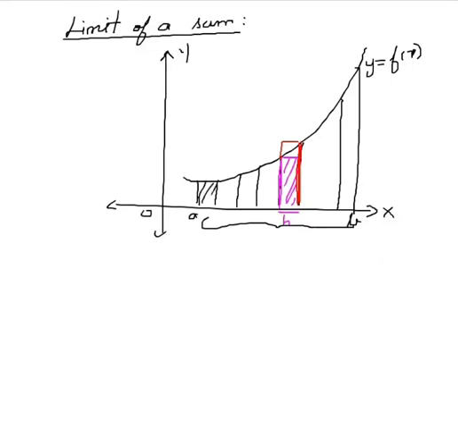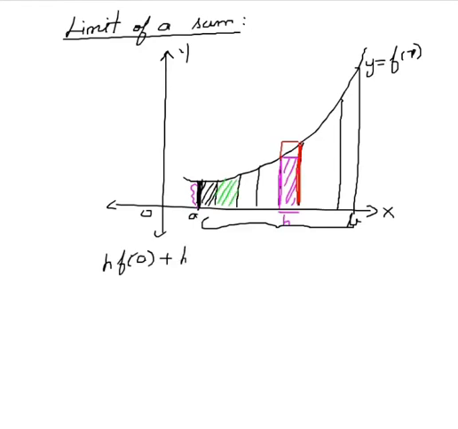So area of the first rectangle, for our convenience, we are going to take this length as the height of the rectangle or length of the rectangle. So area of the first rectangle is h into y coordinate of this point. When x is a, the y coordinate is f of a, plus area of the second rectangle, this rectangle.